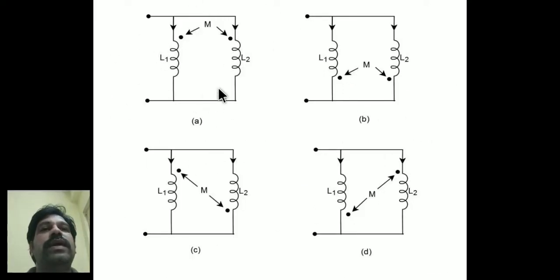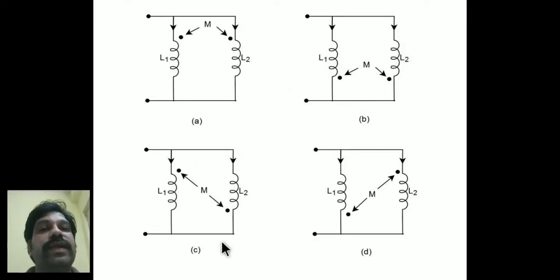Here the two coils are connected in parallel and the current is entering in these cases. In case A, for the two coils, current is entering at the dot point, therefore this case is called parallel aiding. In figure B, the dots are placed at the current leaving position, therefore this case is also called parallel aiding.